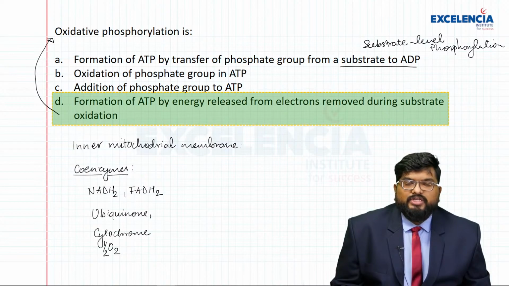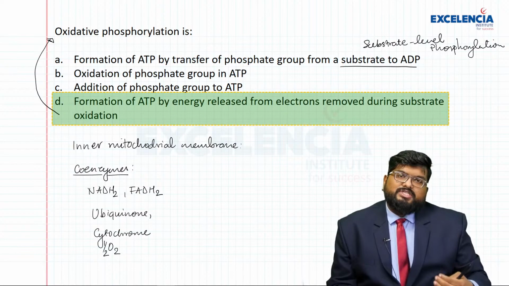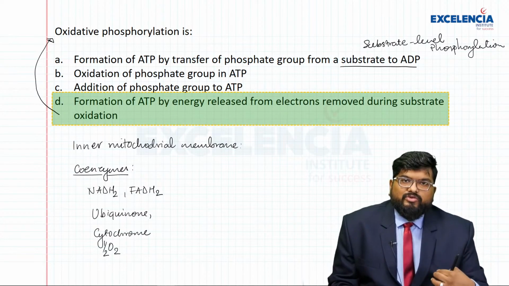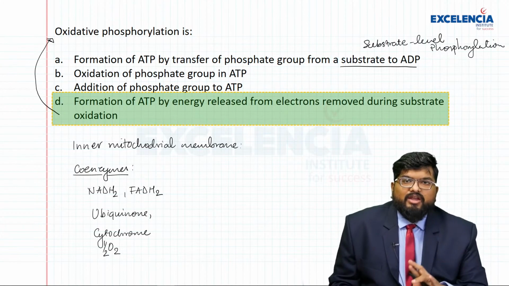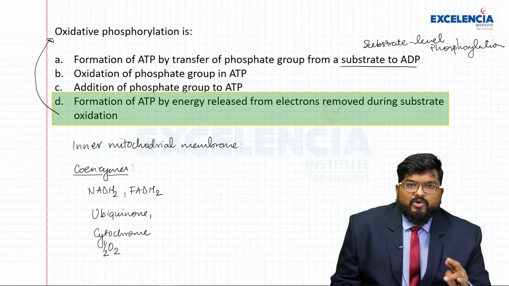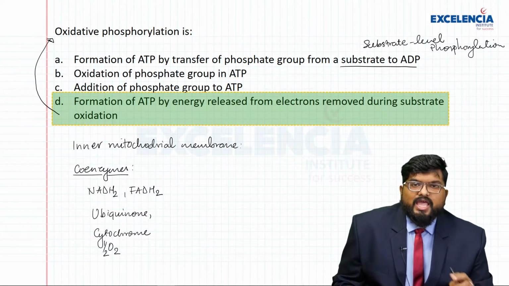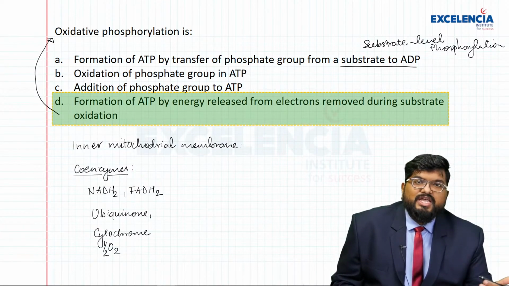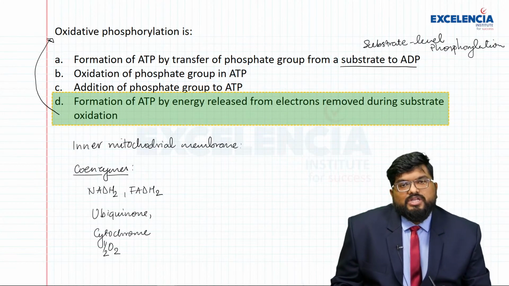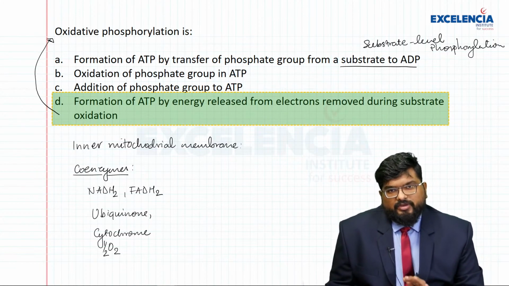What happens over here is, these components take electrons and they give electrons. So they get alternately oxidized and reduced as they transfer the electrons. And as they transfer these electrons, the energy of the electrons is utilized for formation of ATP.